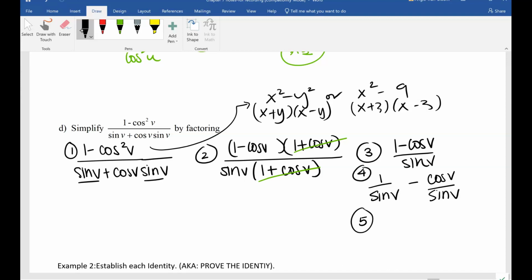And then step number 5, 1 over sine of v is going to be cosecant of v, take away cosine divided by sine is going to be cotangent of v. So I think non-fraction format is probably a little bit better. So I'll go all the way to number 5. And yeah, that's example 1, just kind of basic hints. Until I see you next time.